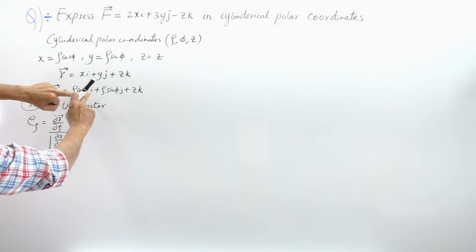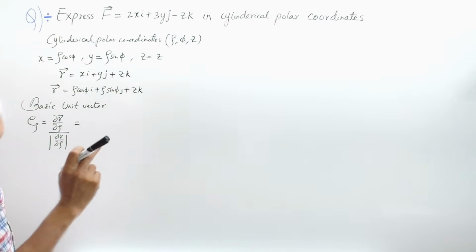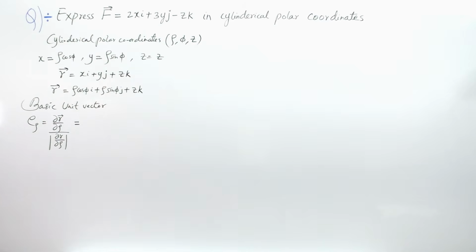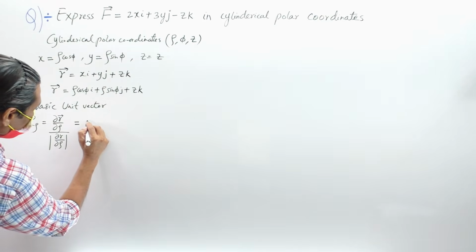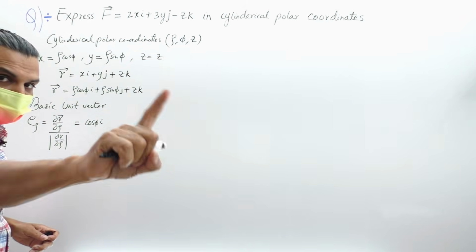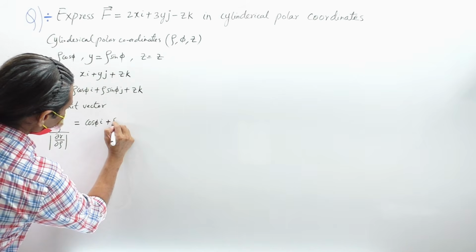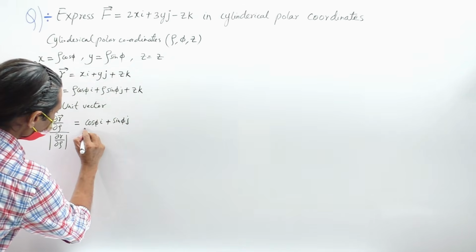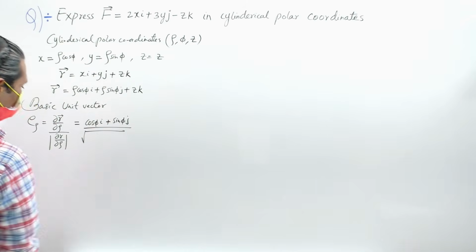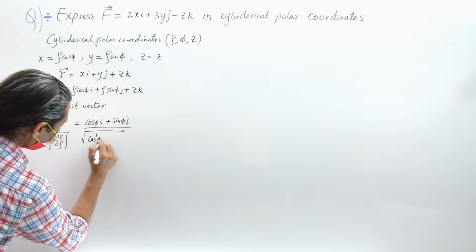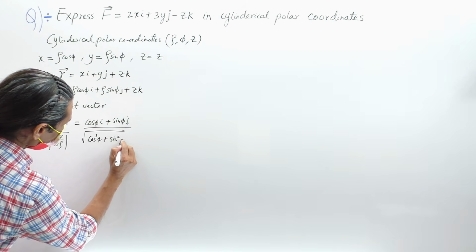R is equal to rho cos phi into i plus rho sin phi into j plus zk. ∂R/∂rho means partial differentiation only with respect to rho. Cos phi into i as it is, differentiation of rho is 1, plus sin phi into j as it is, differentiation of rho is 1, whole divided by the root of the modulus of ∂R/∂phi, that is the square root of cos² phi plus sin² phi, which is 1.